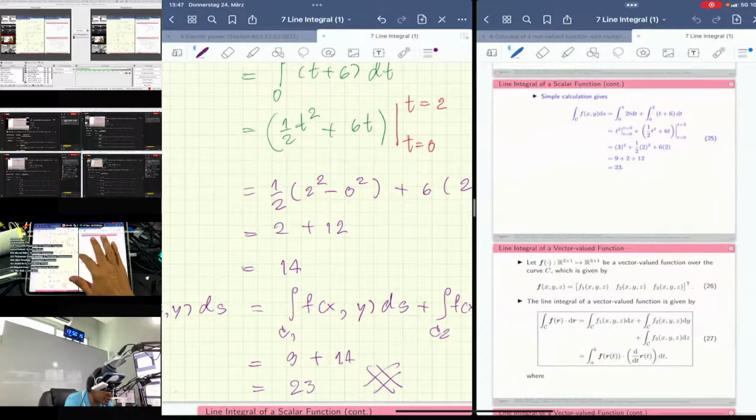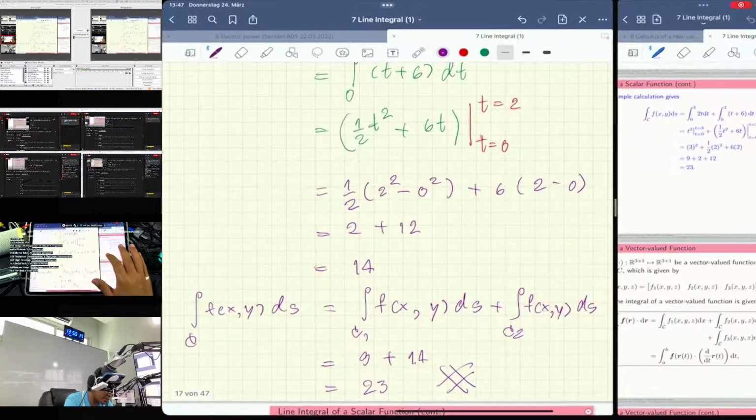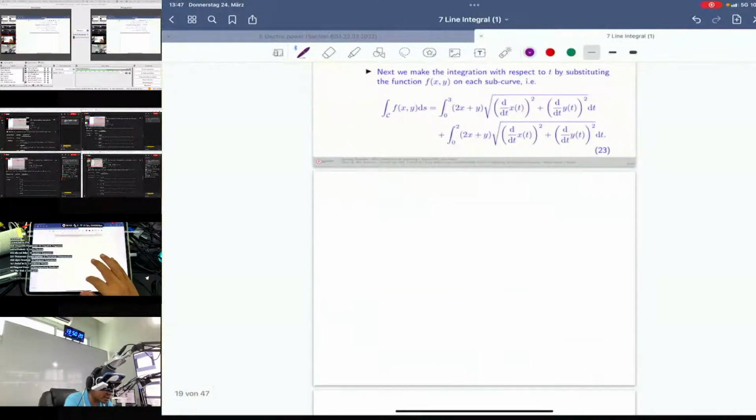Now let's move to the vector value function.